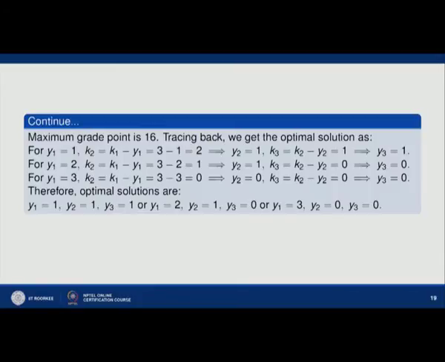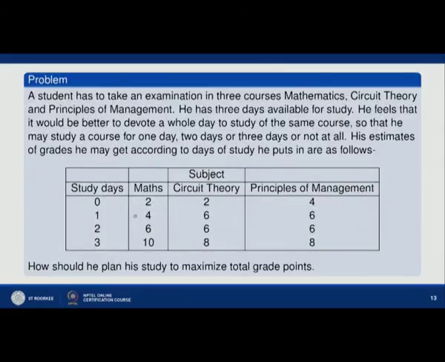You can see from the table also. For example, the first solution is 1 1 1. If you see the table, 1 plus 1 plus 1 is 3 days. 1 day for mathematics, 1 day for circuit theory, 1 day for principal management, that is 6 plus 6 is 12, 12 plus 4 is 16, which is the maximum output.